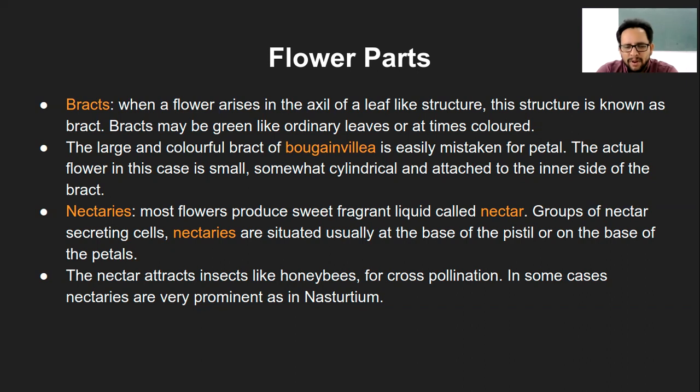Apart from these 4, we might see different structures, for example bracts. A bract is like when a flower arises in the axil, along the axis of a leaf. The flower itself has a leaf-like structure, and that particular structure is known as bract.